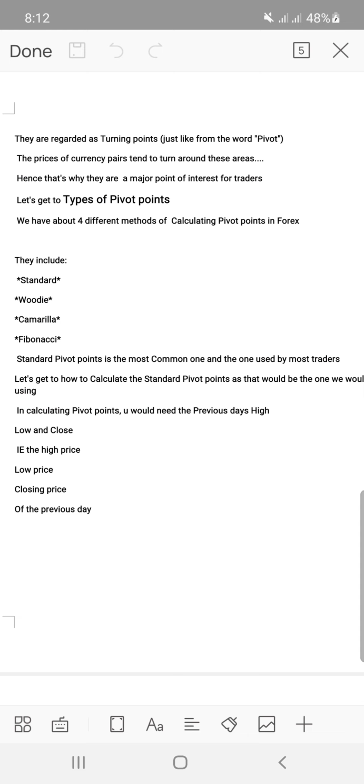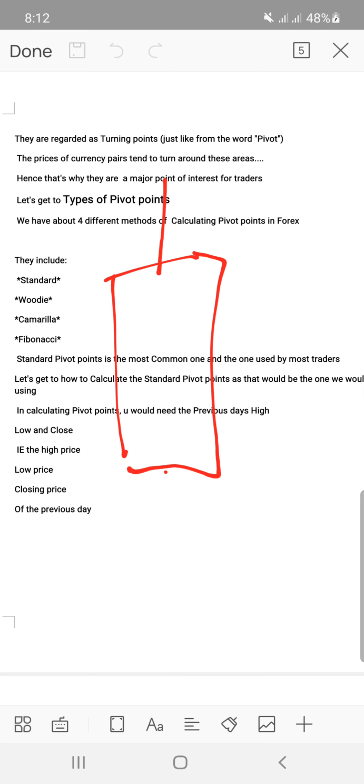Now, for us to be able to calculate the pivot point and the potential support and resistance, we need to take note of the low and the high, the opening and the closing price of the previous daily candle. You understand? I said we take note of the previous daily candle.